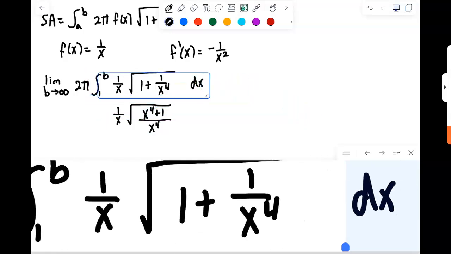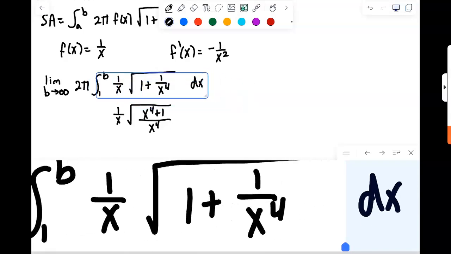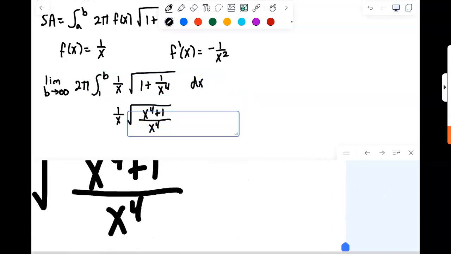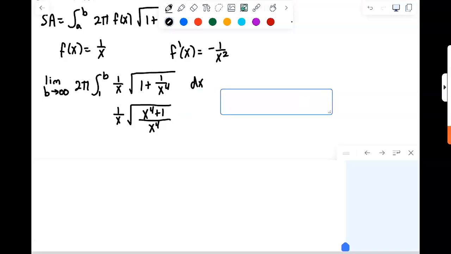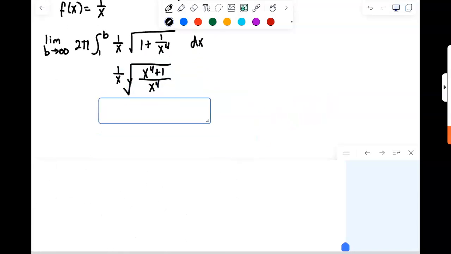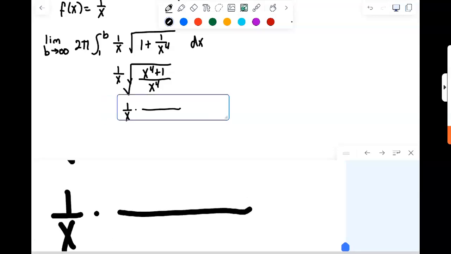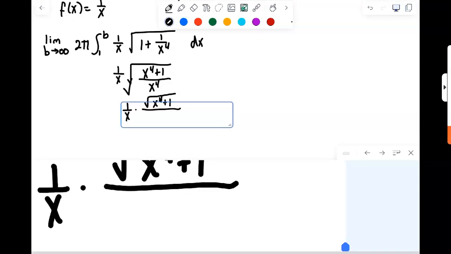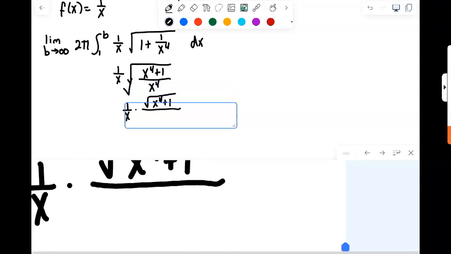Now we're going from 1 to eventually infinity, but the important thing is everything's positive. So when I do the square root here, that square root is going to apply to both parts. I'll have 1 over x times the square root of x to the 4th plus 1. And then the square root of x to the 4th would just be x squared.